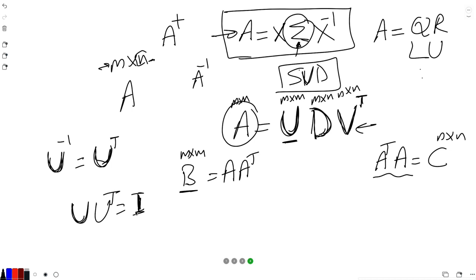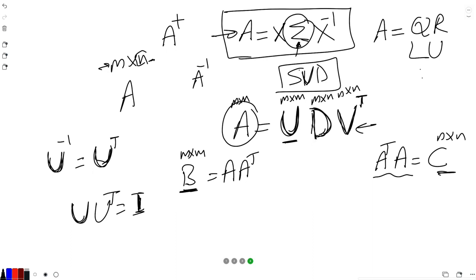And this makes the analysis much easier than the other kind of diagonalization, because now we don't have to do any inversion. If we need the inverse of the matrix U, we just take the transpose. This is called an orthonormal matrix. It is a special case of the eigenvector matrix when the original matrix is symmetric, and B and C are both symmetric matrices.